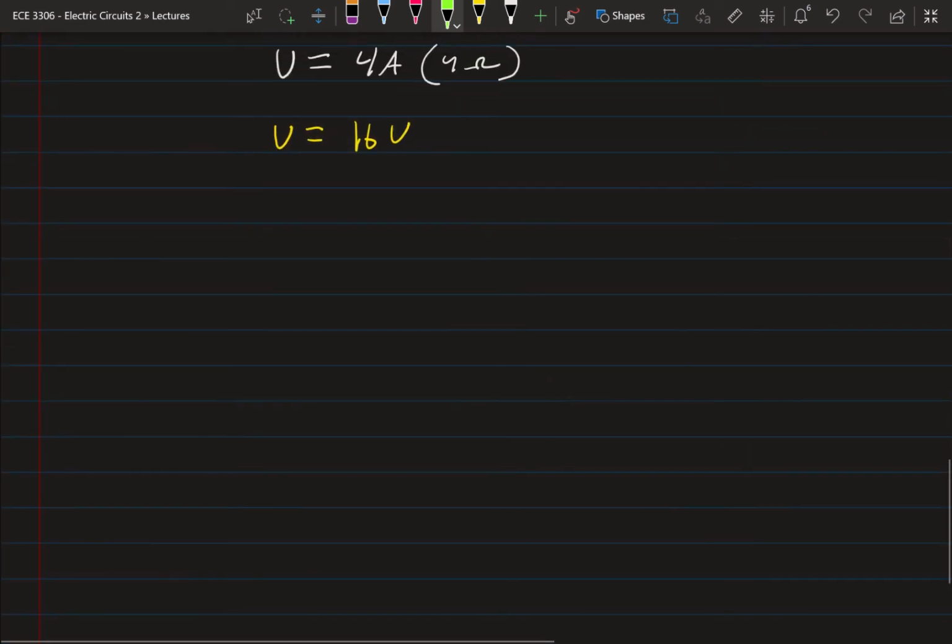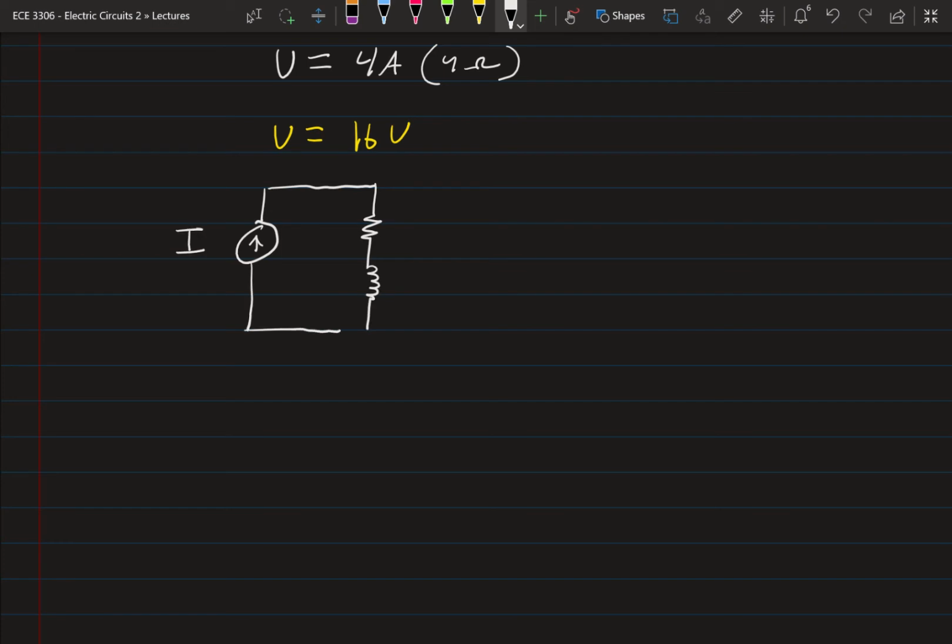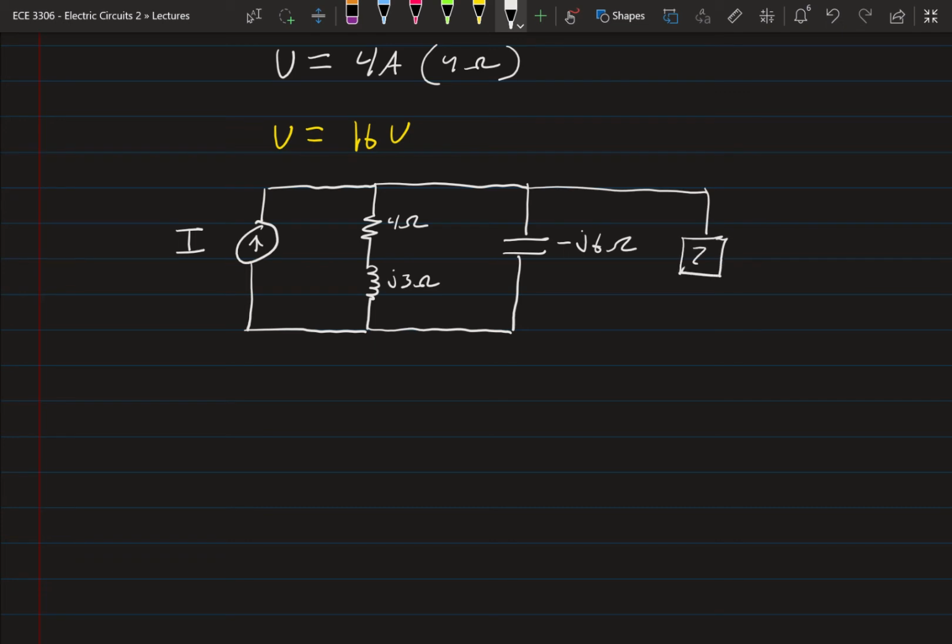We're going to have some current I in parallel with our resistor and our inductor, that was 4 ohms, j3 ohms, parallel with minus j6 ohms, in parallel with our load impedance.